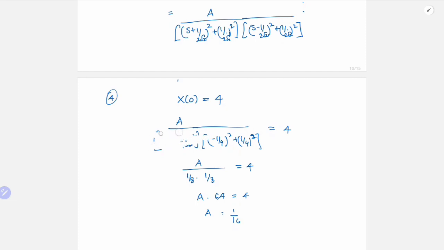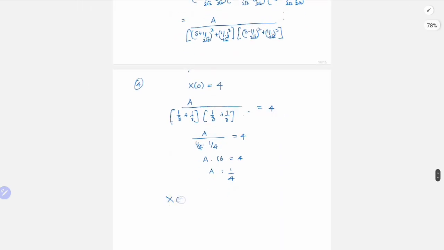So I'll just write: we will have 1 by 8 plus 1 by 8 into 1 by 8 plus 1 by 8, which is nothing but 1 by 4 into 1 by 4. You will have 16 here, and this will just be 1 by 4.